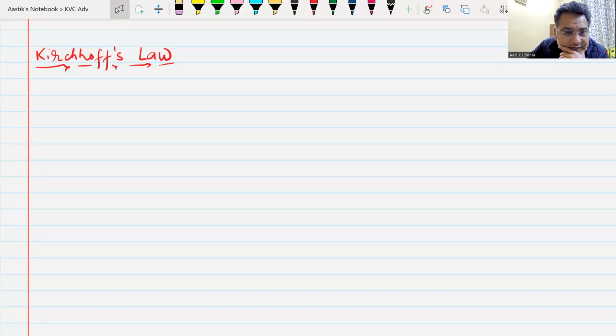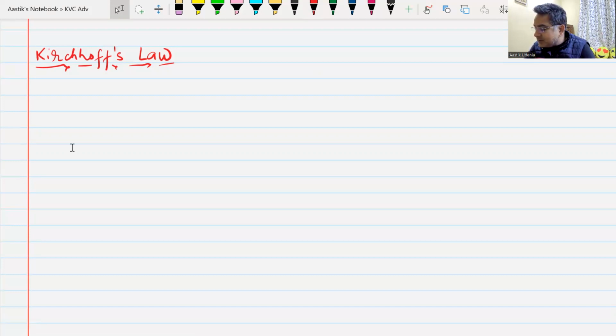You can write it like this: you find out the ratio of emissive power to absorptive power.